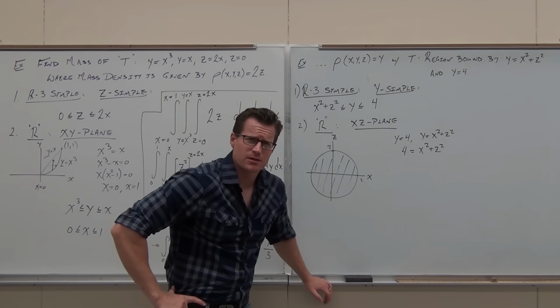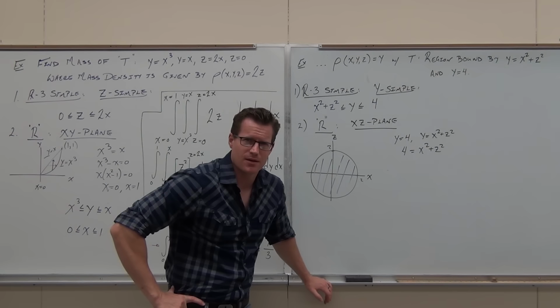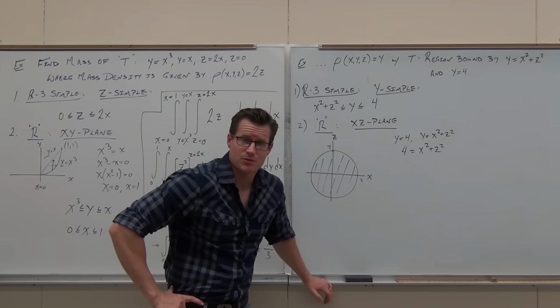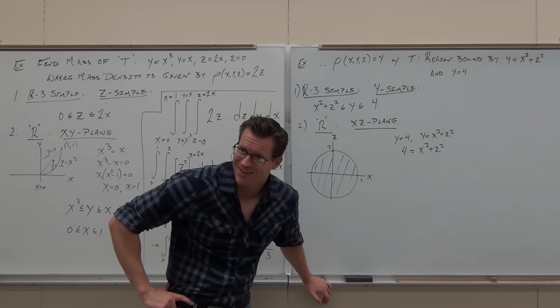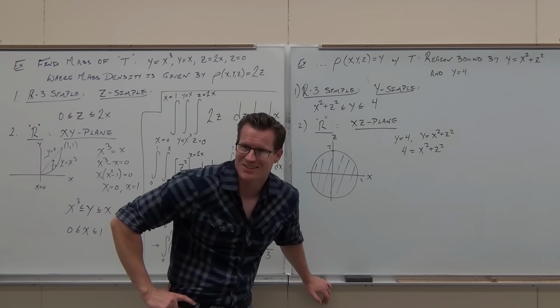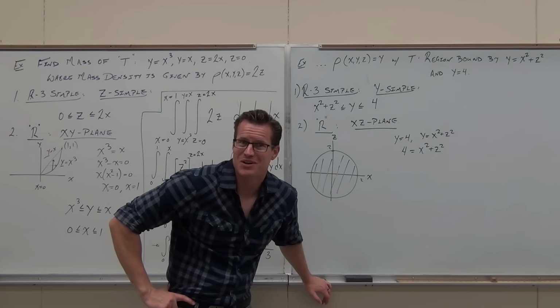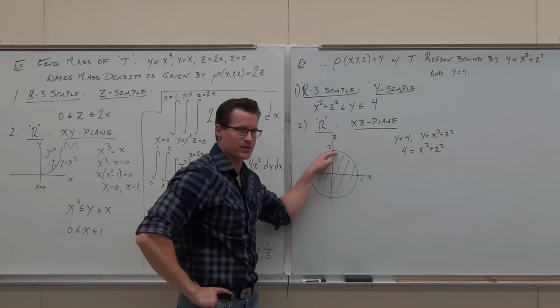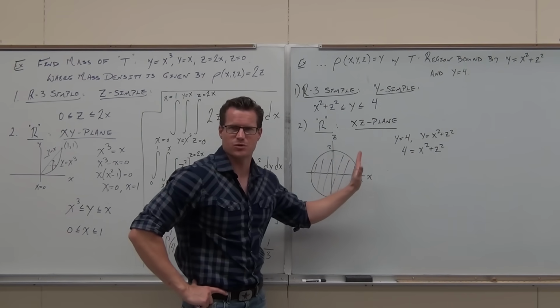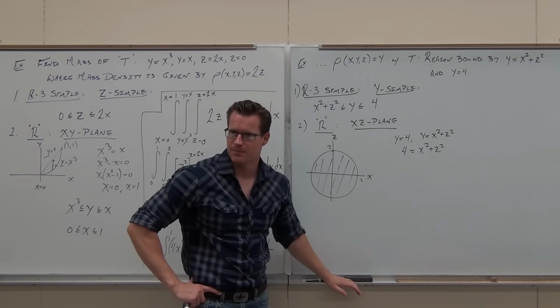What type of region do you have here? What do you use for circular regions for double integrals? Don't shake your head. That's awesome. You trust me, you will not want to do this with a rectangular, because you'd have to go from here to here, that's across two functions, and then constants would be easy, but you would not want to do that.